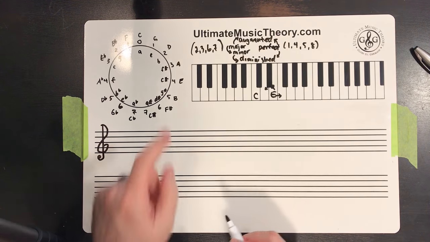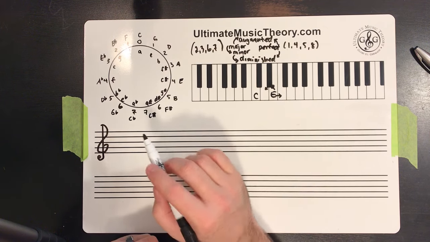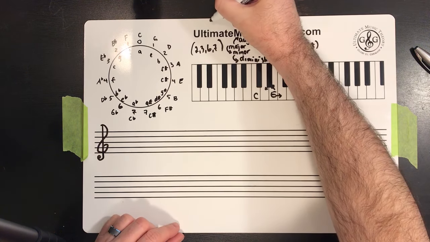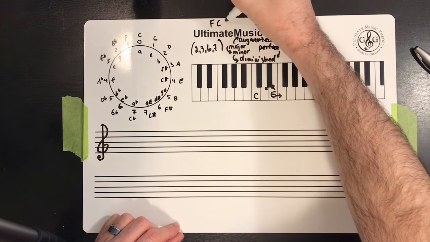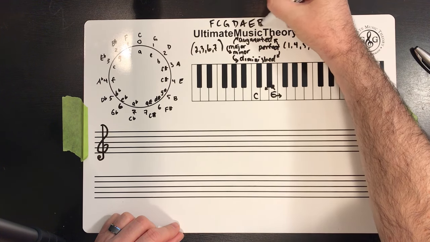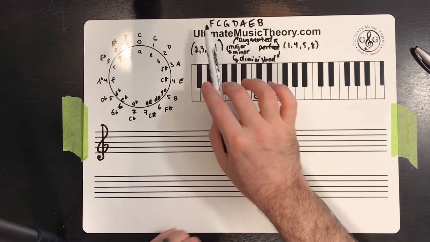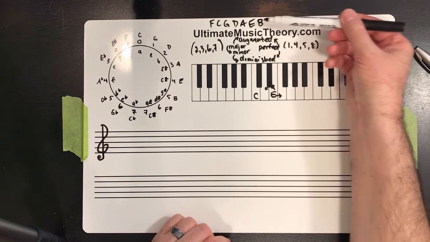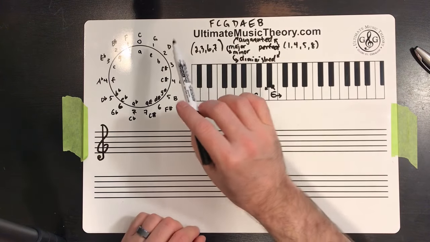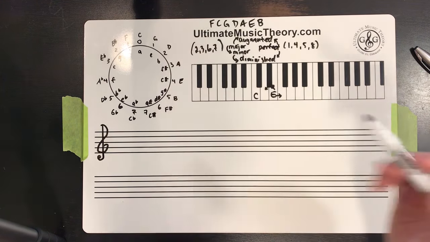Now, D major has 2 sharps, and the 2 sharps are Father and Charles, because Father Charles goes down and ends battle. That's the order of our sharps, and this way is the order of our flats. So if we have 2 sharps in D major, it's going to be F and C.